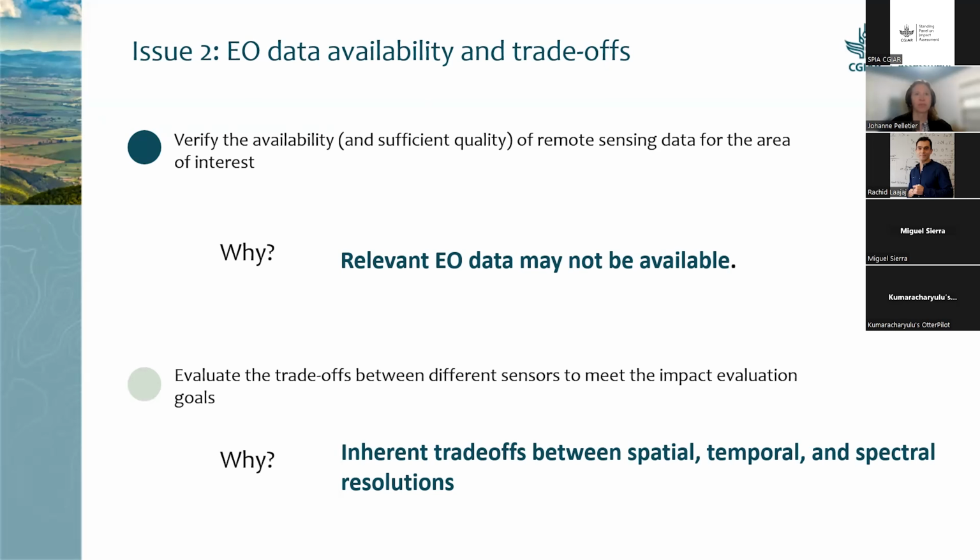Definitely the availability and quality of remote sensing data is not all uniform. In some areas, you have more data than others, and there are different factors that can affect the availability of images, in particular the quality. Sometimes the quality is so degraded that you can't even use it.